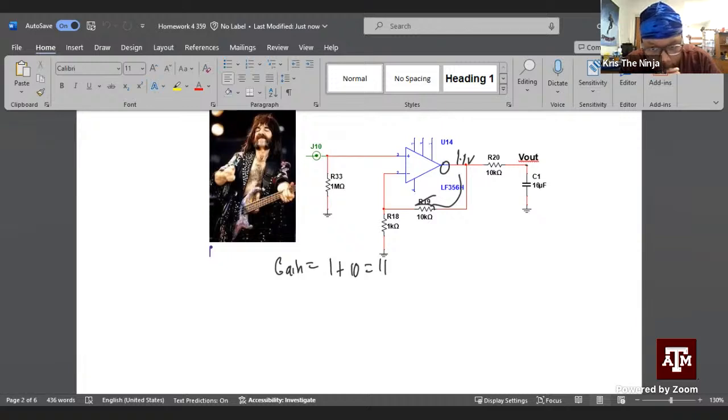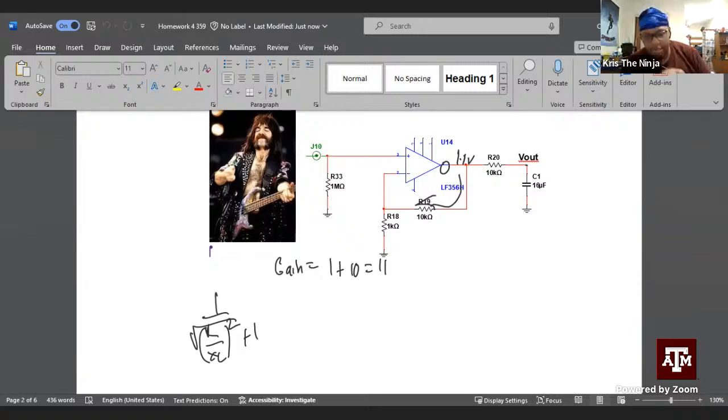The gain, or the V out over VN, could also be 1 over the square root of (R over XC) squared plus 1. So that works out kind of nicely.